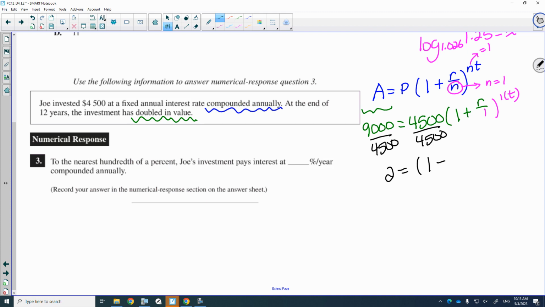Then I'm going to have 1 plus, this is going to be my rate, that's what I'm calculating, and I've just got T here. Yes, T is 12 because what we're trying to figure out for this question is what was the rate? Like what was the interest that we're being paid? So you're right, T is equal to 12.